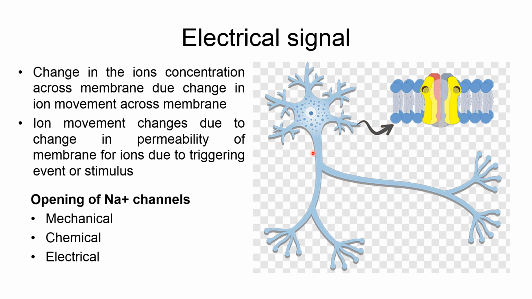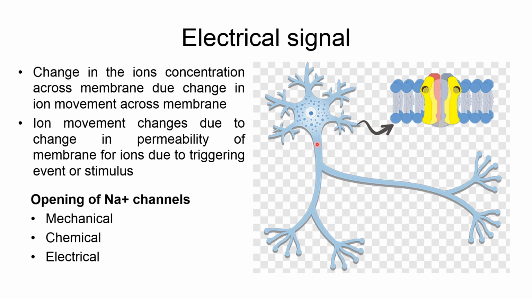And the axon has only sodium voltage gated channels and potassium voltage gated channels. We have to remember that the axons of neurons have sodium voltage gated channels, potassium voltage gated channels, and calcium voltage gated channels. They all are electrical channels, not mechanical or chemical.